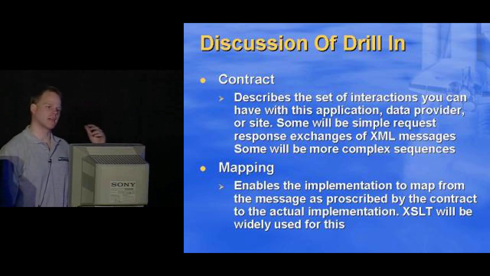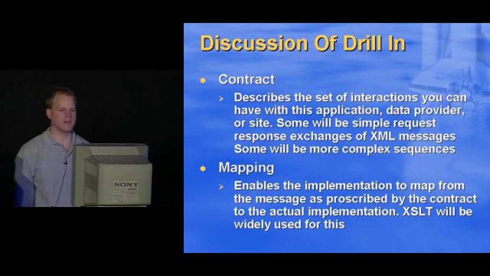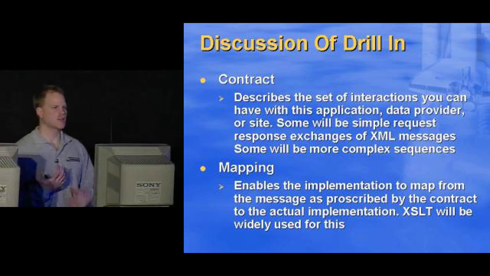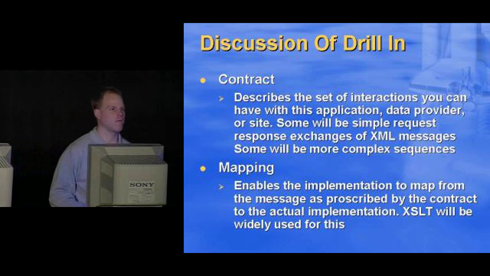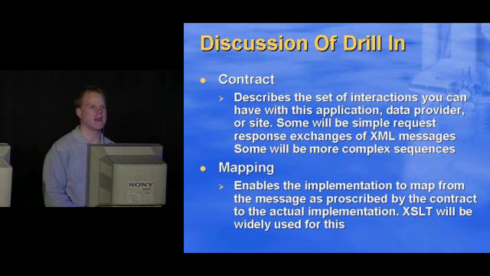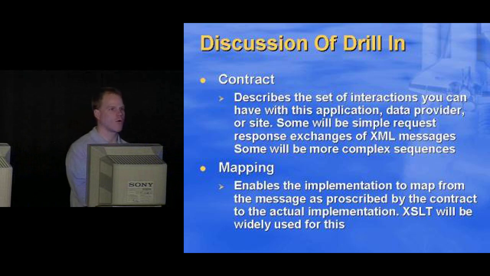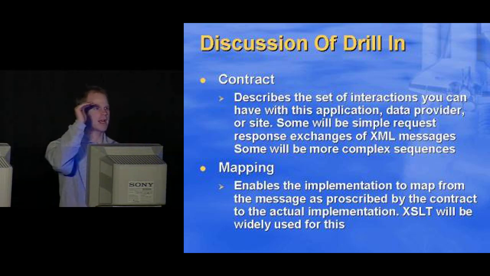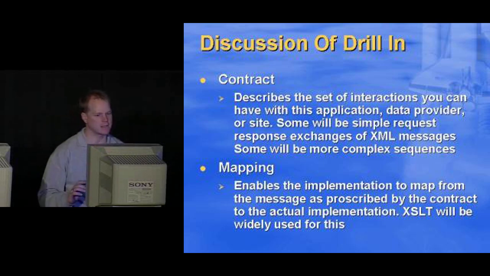The contracts I've described describe the set of interactions that you can have with a particular content provider or application. The contract says that if you request data about footballs, you have to have this message format to request that data. And when I respond to that request, that data is going to have the following XML schema, and it's going to be made up of these XML tags.